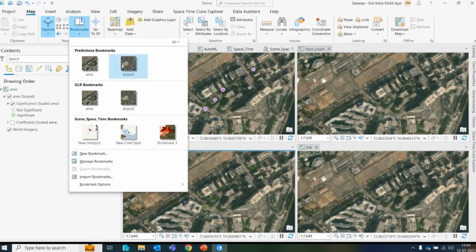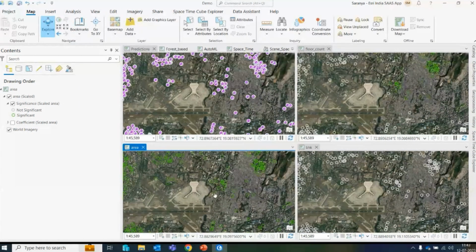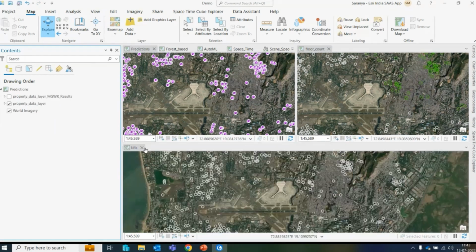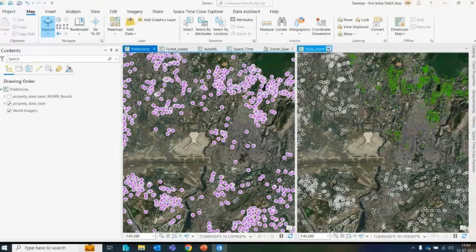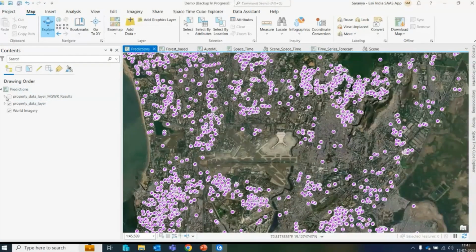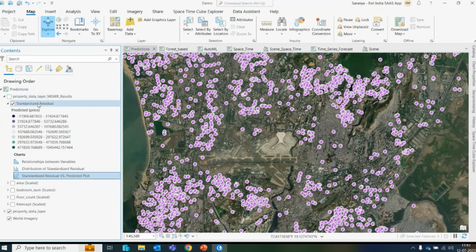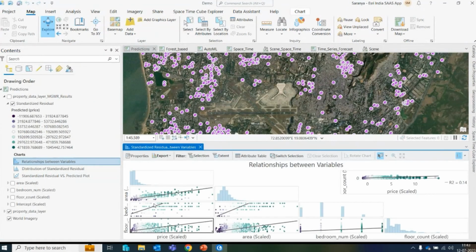Similarly, if you move to the region around the airport, you can see that area plays a very significant role, whereas floor count seems to have significance on one side and not on the other. This is how you can interpret your data. MGWR also gives you standardized residuals, which is the eta we saw in our slides, and a scatter plot of relationships between multiple variables in your data set.